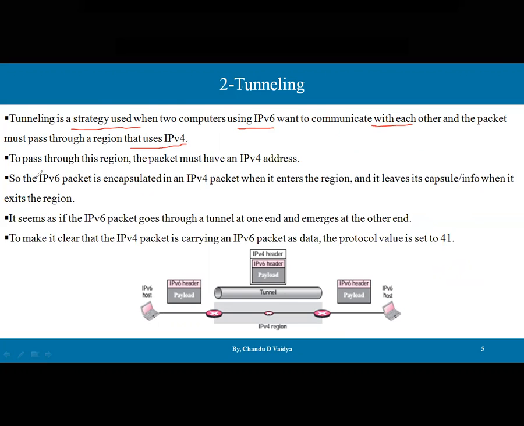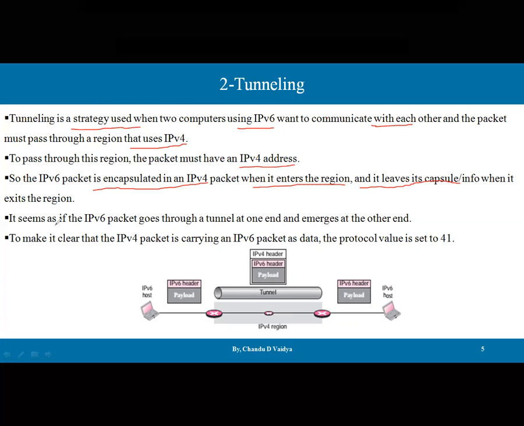To pass through these regions, the packet must have an IP version 4 address. So the IP version 6 packet must be encapsulated in an IP version 4 packet. Then it enters the region and it leaves its capsule, or information, when it exits this region.